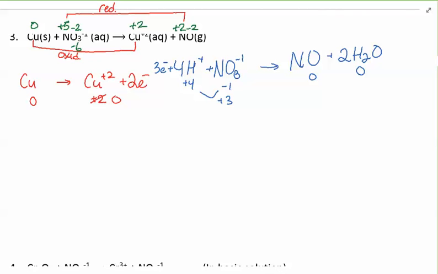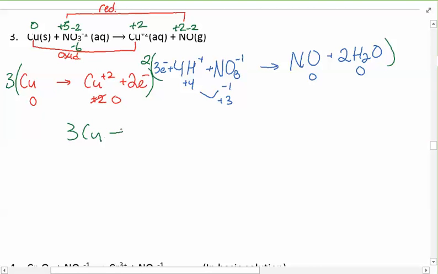In order to do that, we're going to multiply the copper reaction by 3 and the nitrogen reaction by 2. That's the only way to get the same number in both. Just like with balancing, you can't use a fraction here. You can't have half of an atom. So we'll have 3Cu. I like to rewrite them when I multiply so that I don't forget anything.